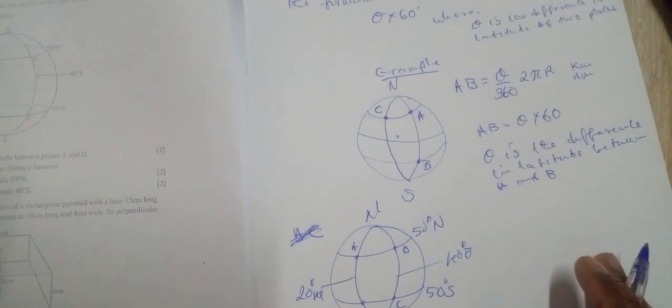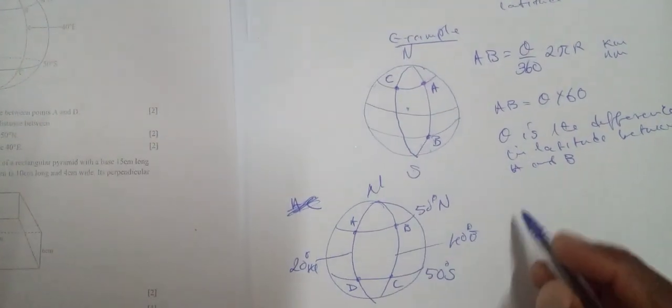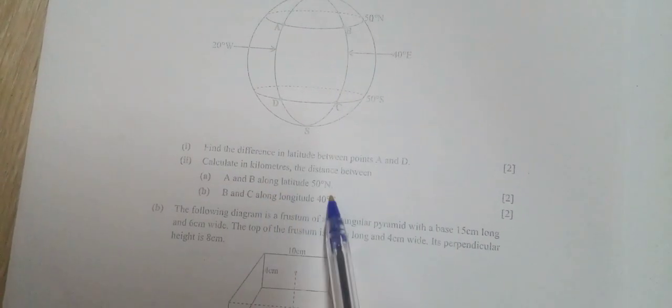Now, what we are interested in is to find the distance along BC, along longitude 40 degrees. So we want to find the distance BC.